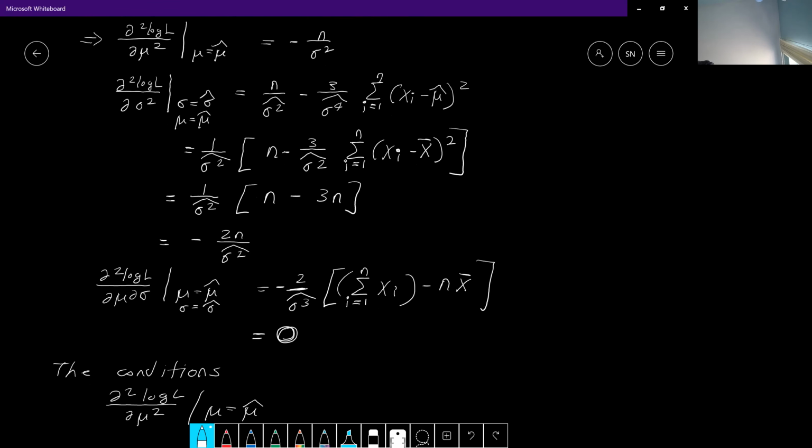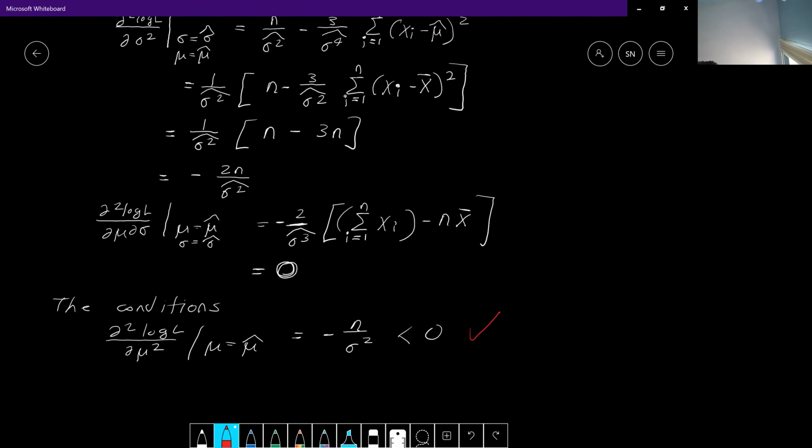But what we have is n over sigma squared, which is clearly negative. So this condition is clearly satisfied.